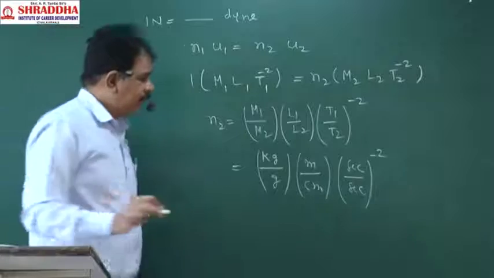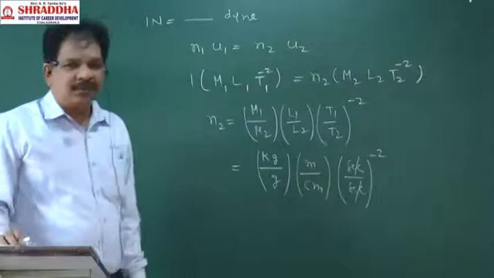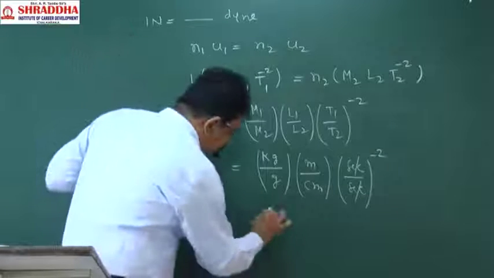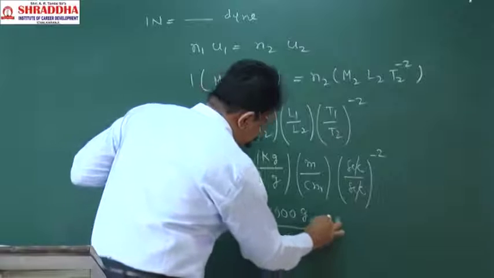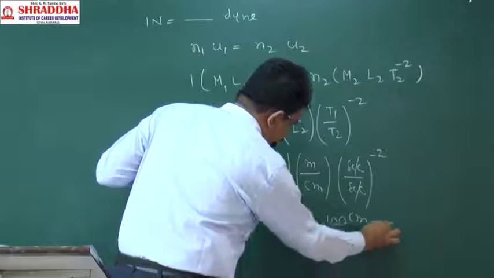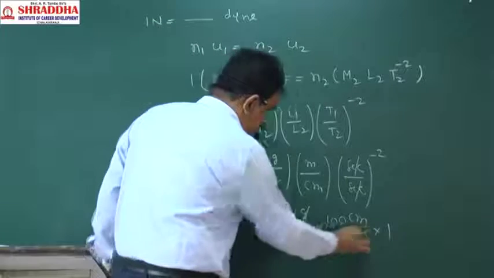Second will cancel; 1 power minus 2 means 1 only. Kilogram means 1000 grams. Meter means 100 centimeter, into 1. Gram will cancel.